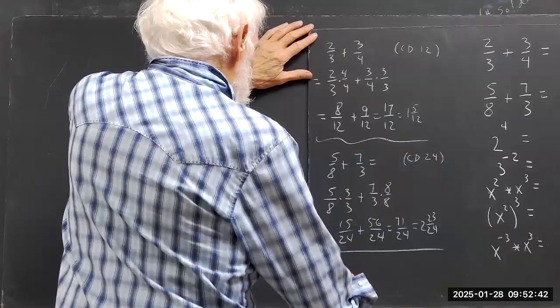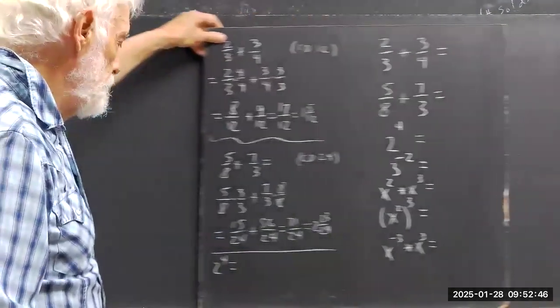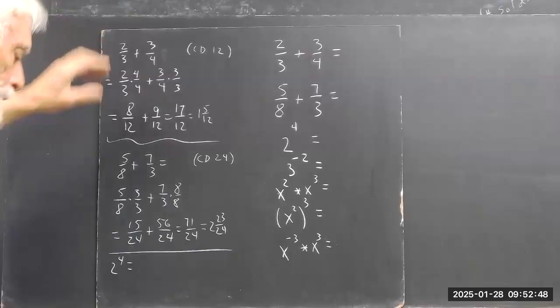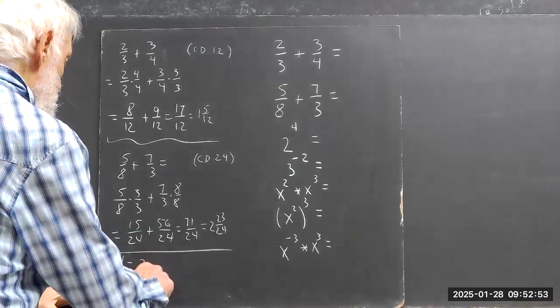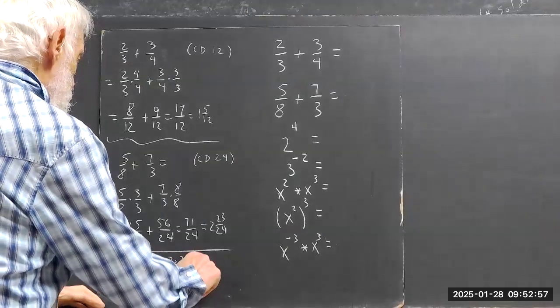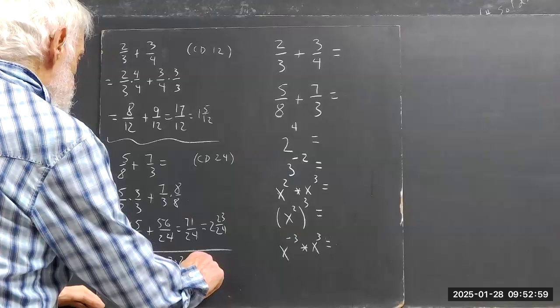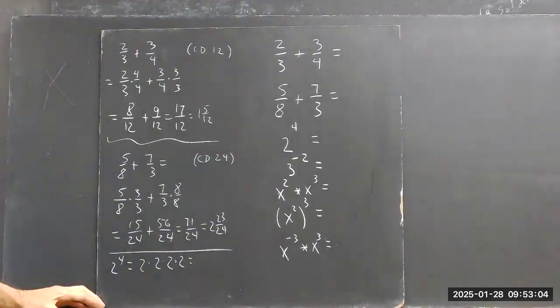Okay, then what's 2 to the 4th? I should be working over here, so I don't block them as much. 2 to the 4th means I'm debating whether to write out the whole thing.